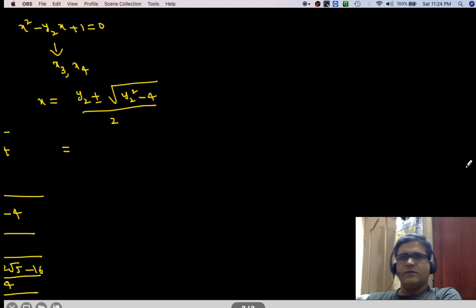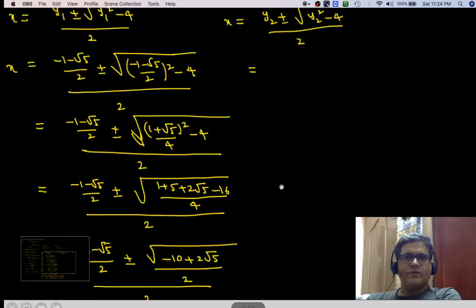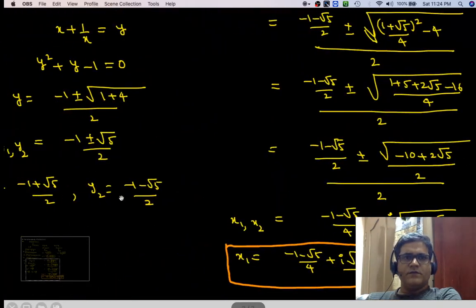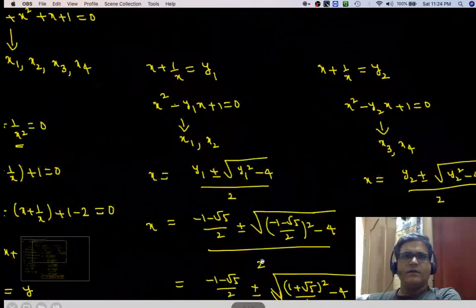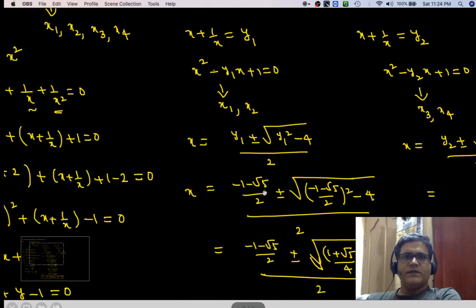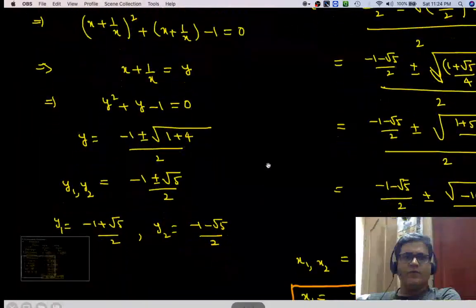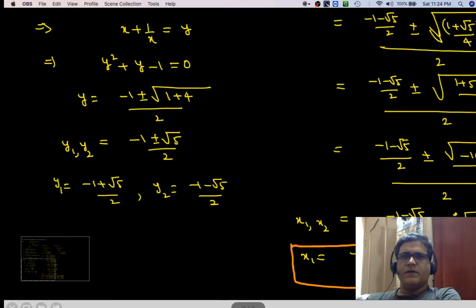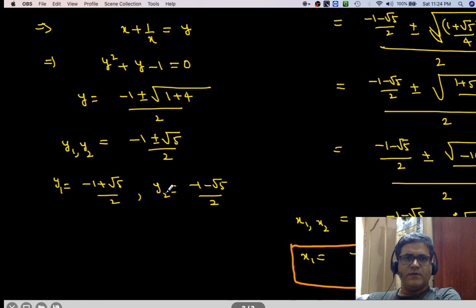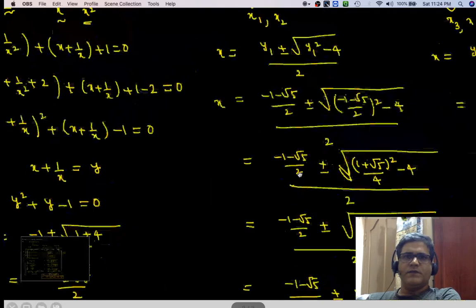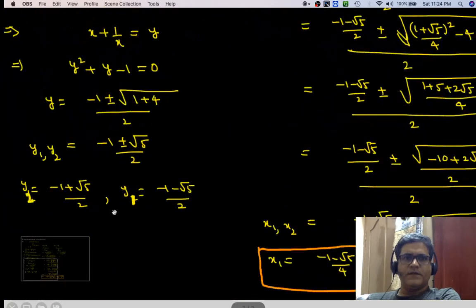Now what is y2? Here we have taken y1 as (-1 - √5)/2. Now you interchange, consider this as y1 and this one as y2, because we have taken y1 as (-1 - √5)/2 over here, that's why I interchanged.